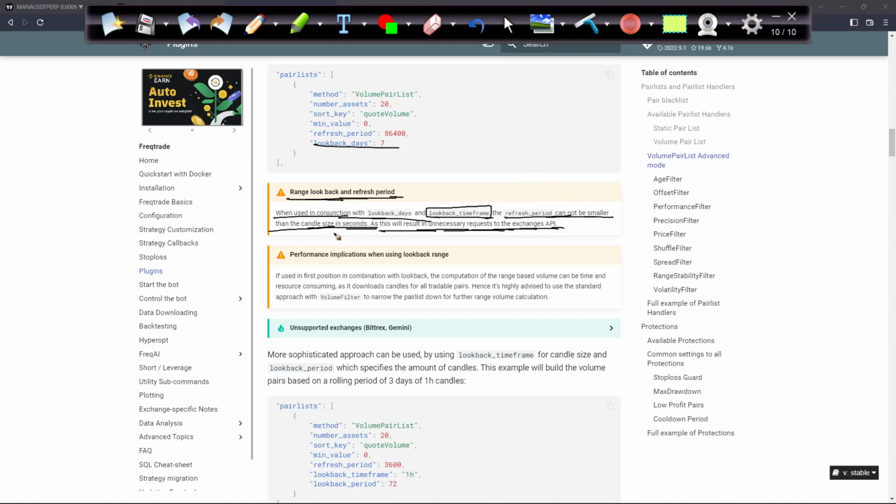So what it's saying is that when used in conjunction with look back days and look back time frame, the refresh period cannot be smaller than the candle size in seconds.